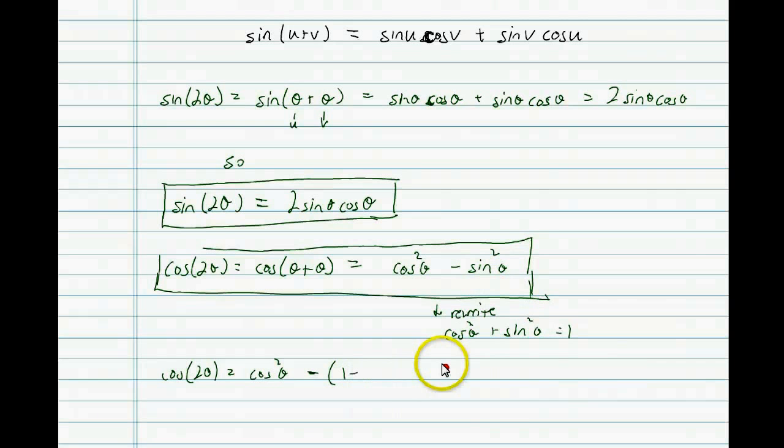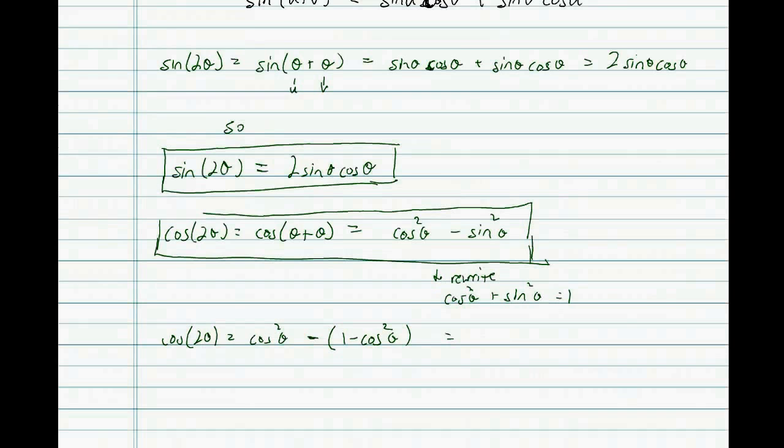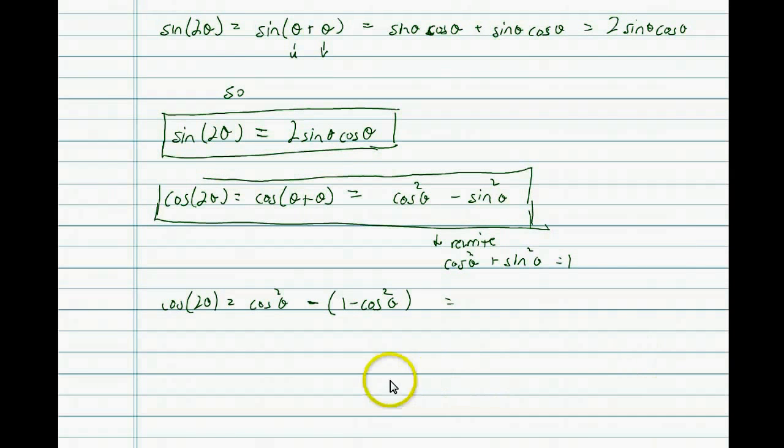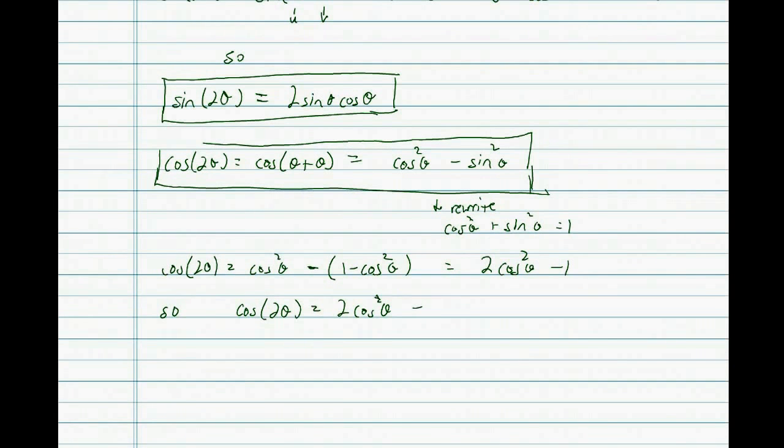We get that the cosine of 2 theta is equal to cosine squared minus the quantity 1 minus cosine of theta squared. Distributing the negative and combining like terms, we get 2 cosine theta squared minus 1. So a different double angle formula is that cosine of 2 theta is equal to 2 cosine theta squared minus 1.